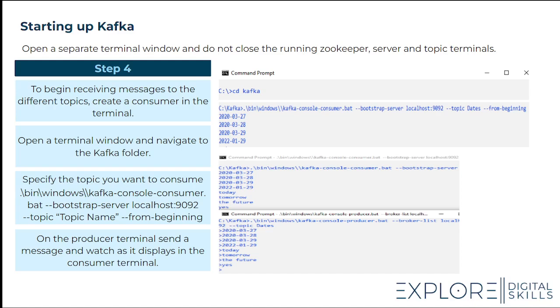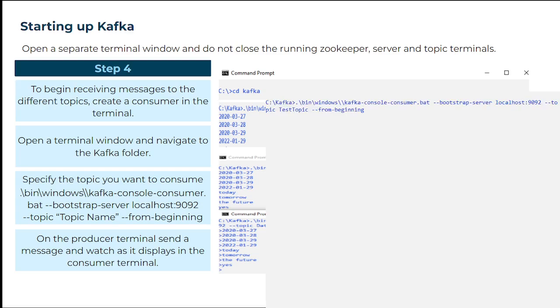So let's open up a fourth terminal window, or in some cases this will be a fifth, but for me it's my fourth. Let me correct this over here because it's a single topic.